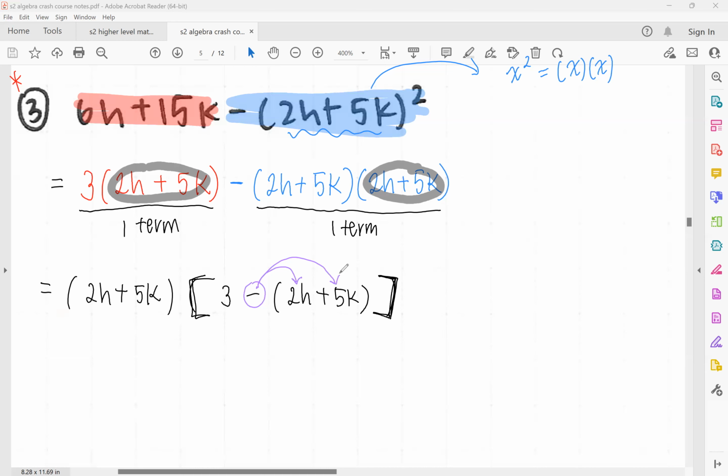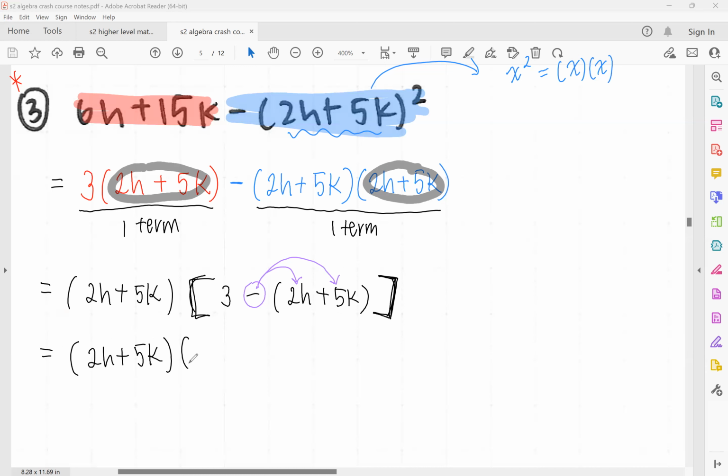All right. So with that, what am I left with? Close bracket then. There's no more square bracket. Why? Because we are opening up the bracket already. Means the bracket disappears. Okay?